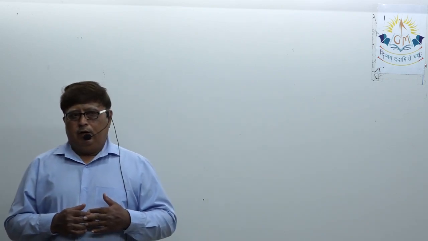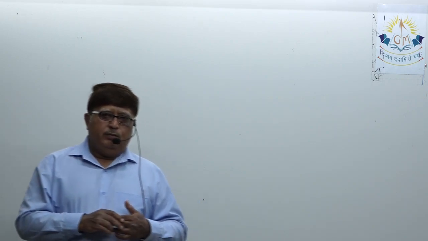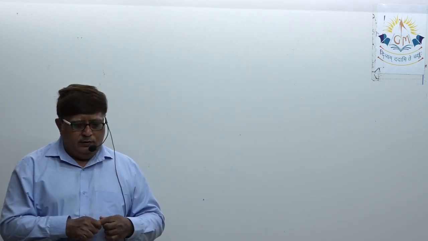Either you have to compound the interest annually, or sometimes we utilize the word semi annually, that means half yearly. This type of examples we have already practiced so far in our lectures.